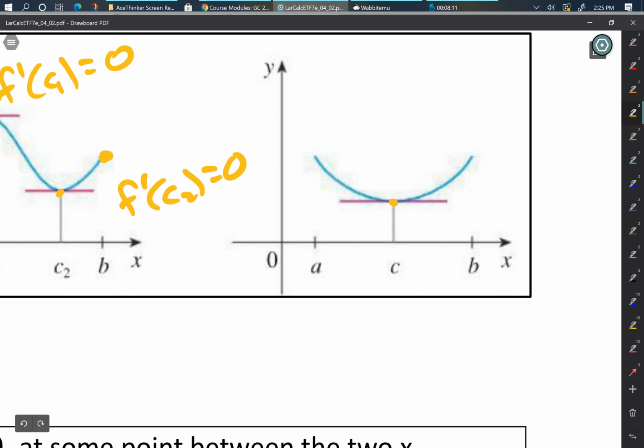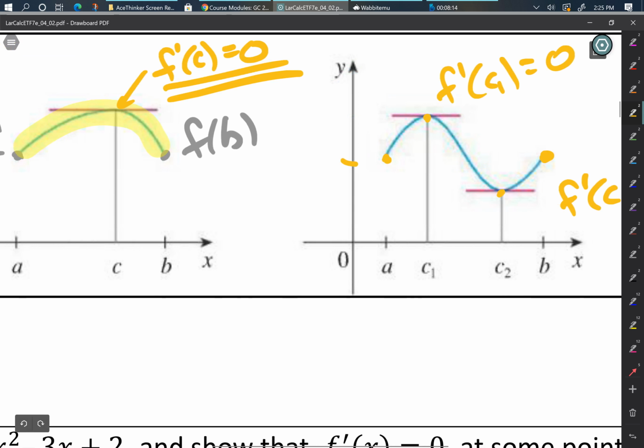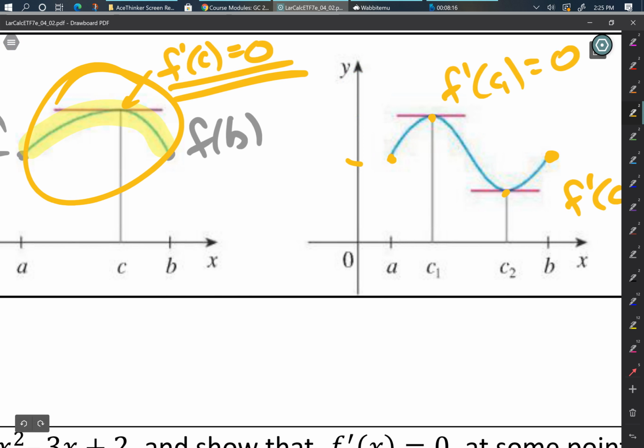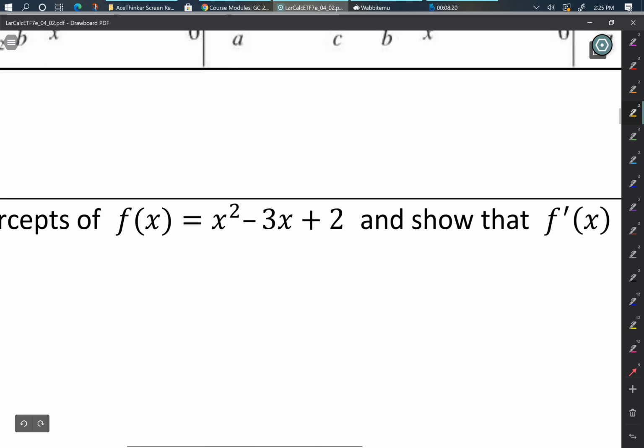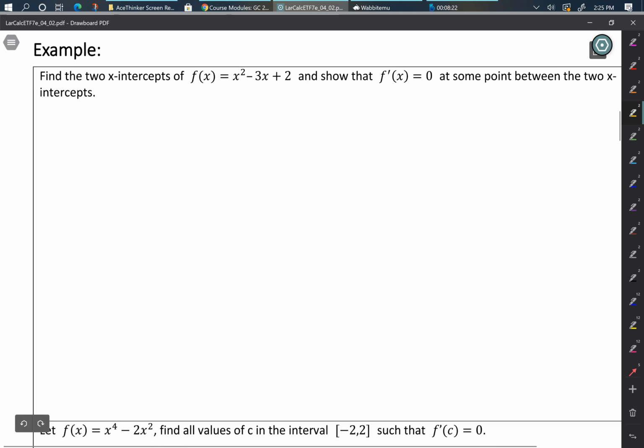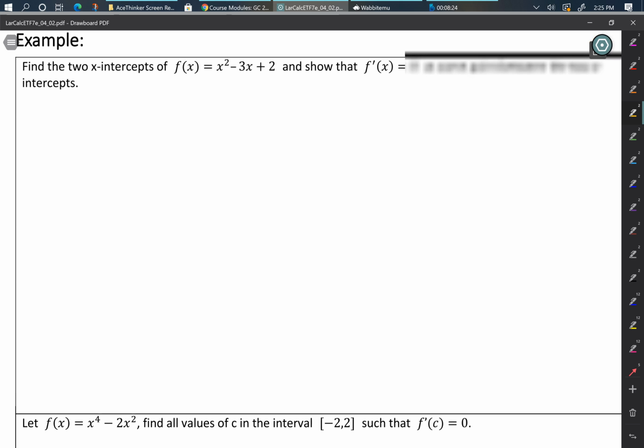Here's another one. This one goes down and then up. It's the vertical reflection of that one. So Rolle's theorem is going to ask us to not just find those extreme values, but find the values of c that make this true.